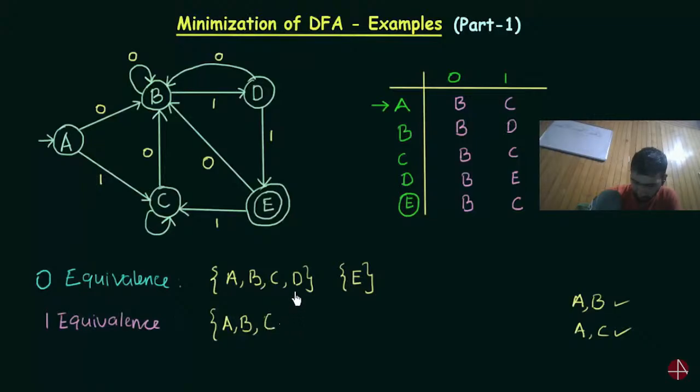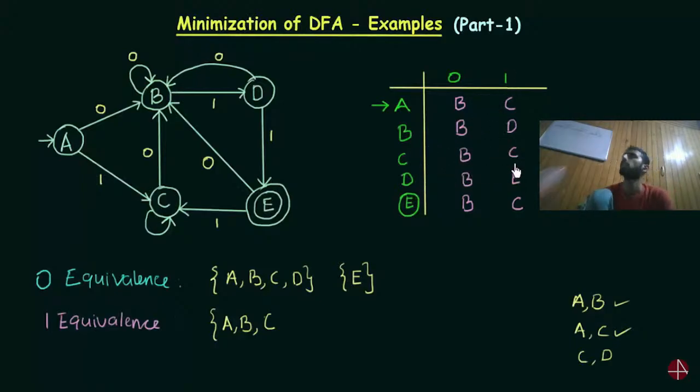Okay. Now the next one I have to check is for D. Now I can check D with either A, B or C, because we already found that A, B, C are 1 equivalent to each other. So let me check D with C. C and D, come to this table. C and D on getting input 0, where does it go? It goes to D, B. So they are different, it's fine. Now on getting input 1, where do C and D go?